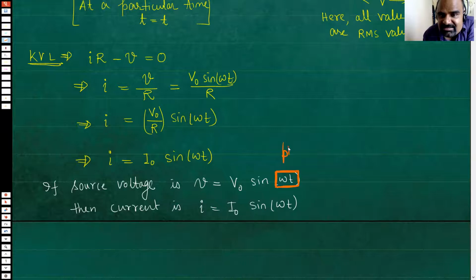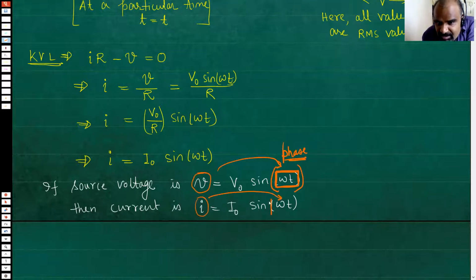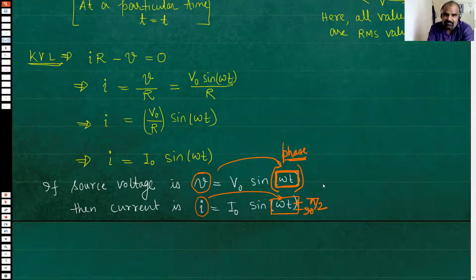This is called phase. Yesterday I told you that the entire angle within the sine function is called phase. So what was the phase of the voltage? It was omega t. And what is the phase of the current? It is also the same, omega t. There was nothing like plus 90 degrees or minus 90 degrees. So this is what we have to notice.